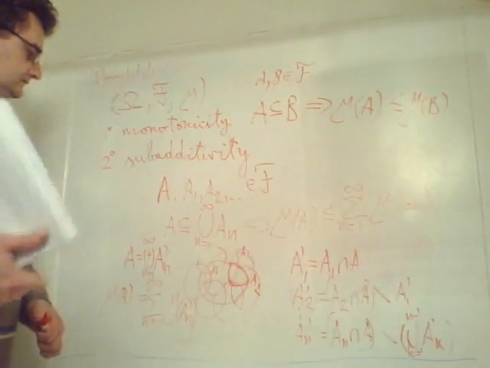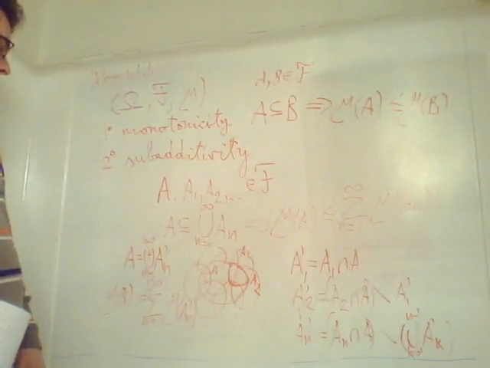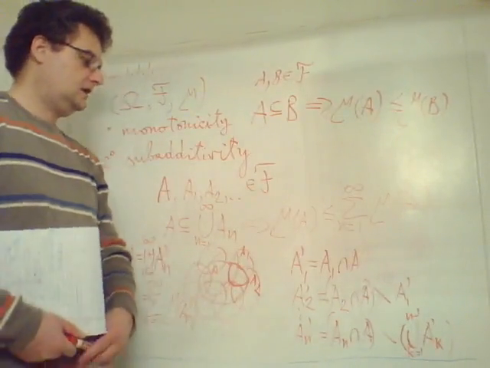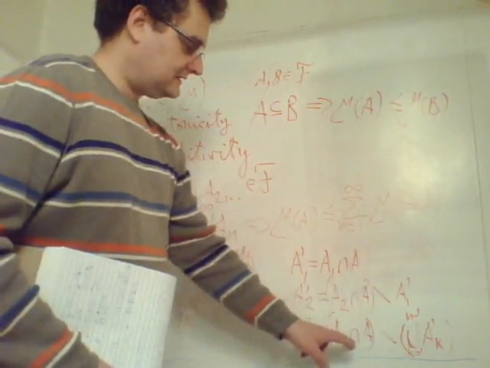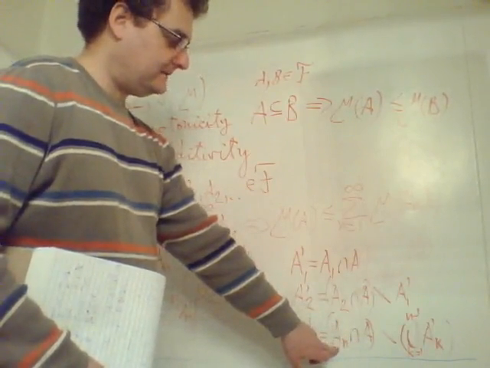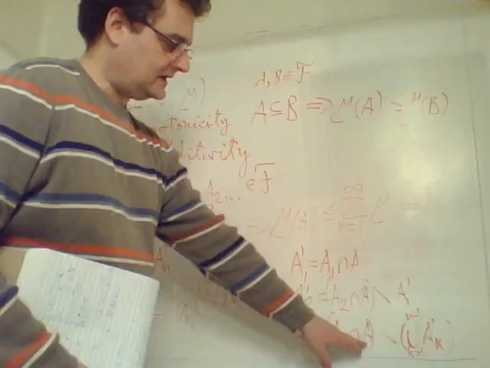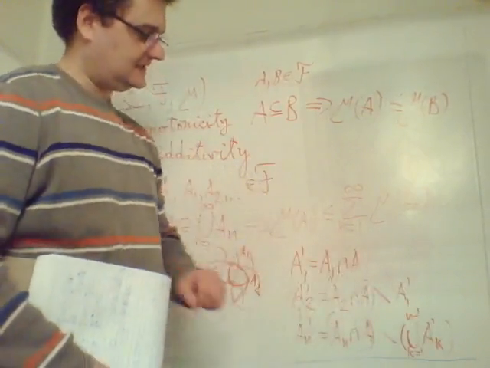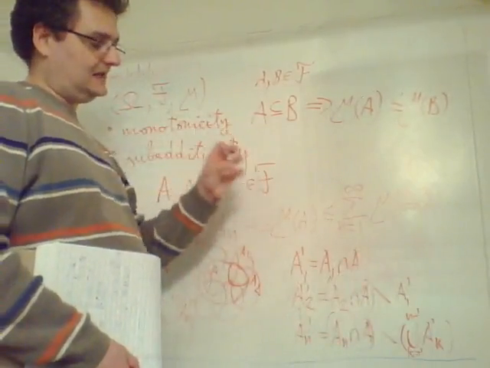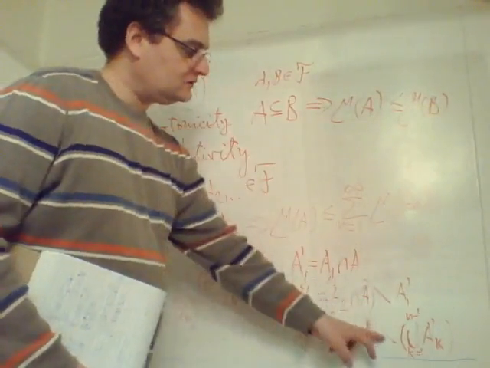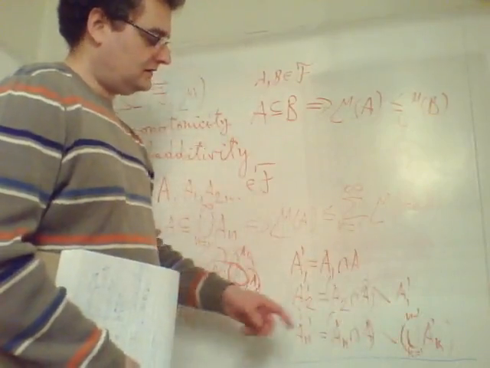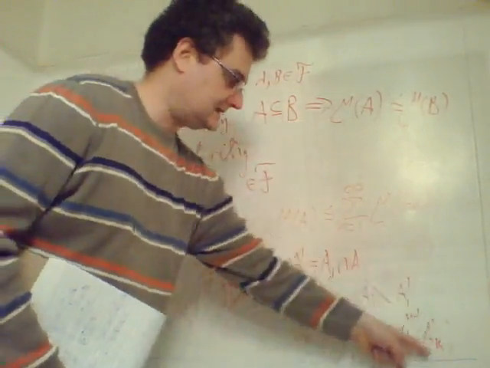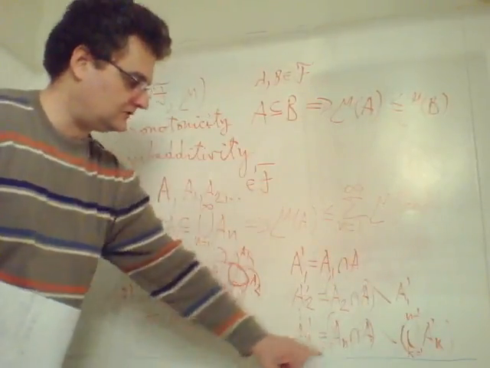Okay, and now each AN prime is when you take AN and intersect it with A. So this intersection of AN and A is definitely contained in AN. And when you subtract something more, then it's even smaller. So definitely this set is a subset of AN.